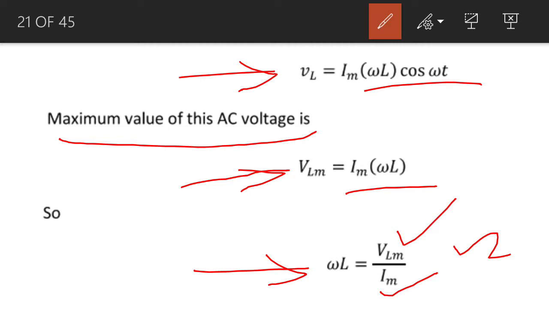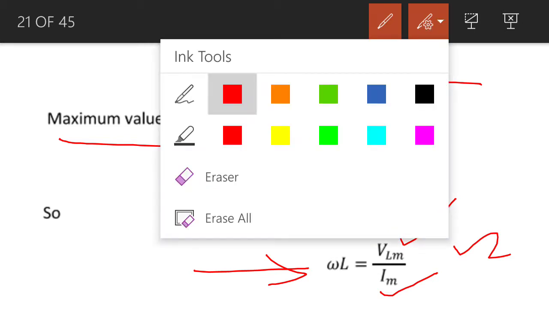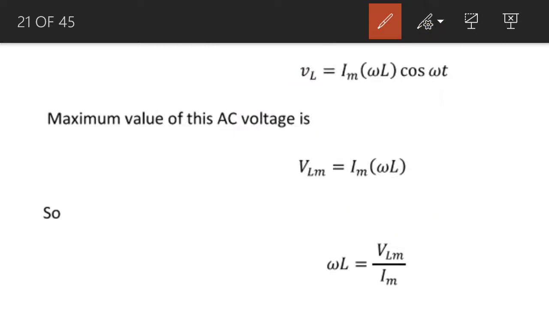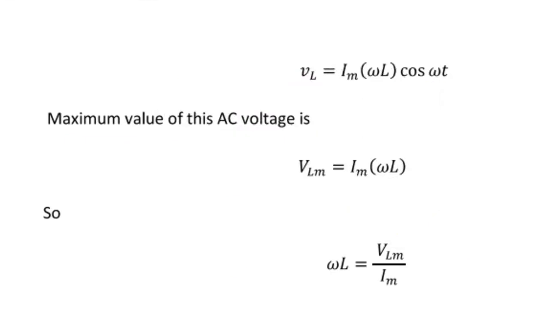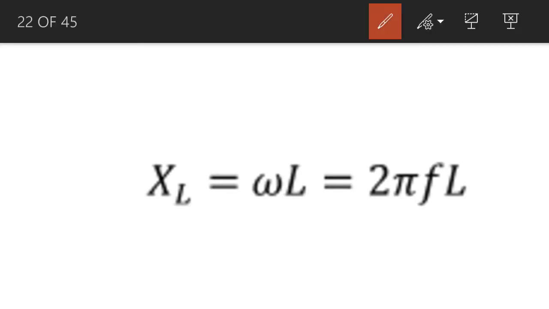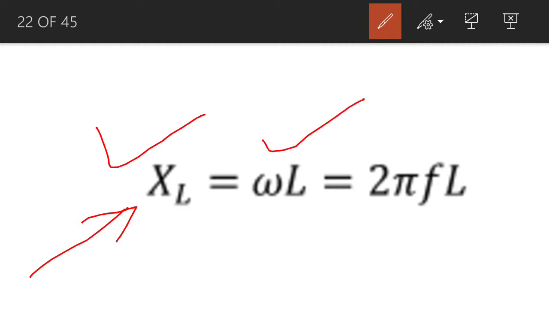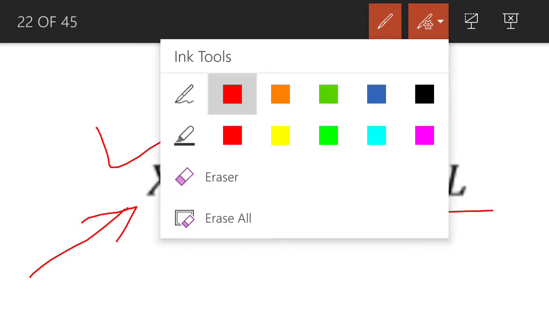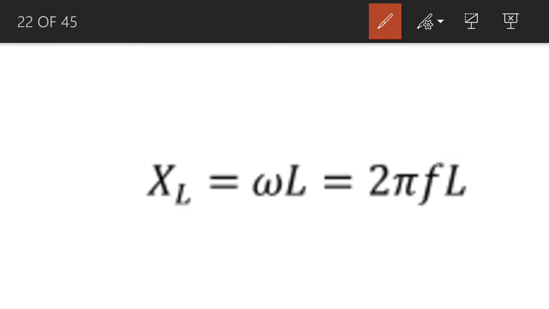This is the resistance which is offered by an inductor to the flow of AC current, and the resistance which is offered by an inductor to the flow of AC current is known as inductive reactance. The inductive reactance is represented by XL. XL is equal to omega L, and omega L will be equal to 2 pi fL. So this is the inductive reactance of the inductor.